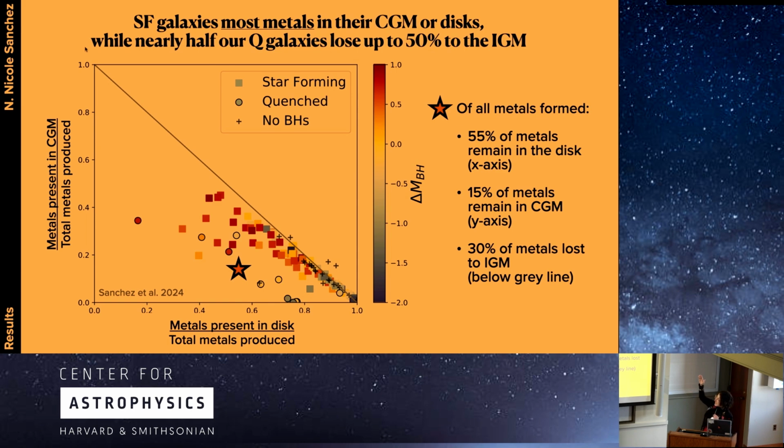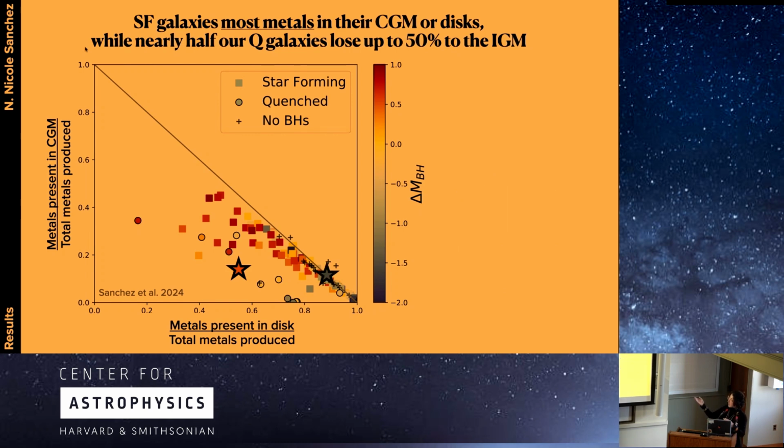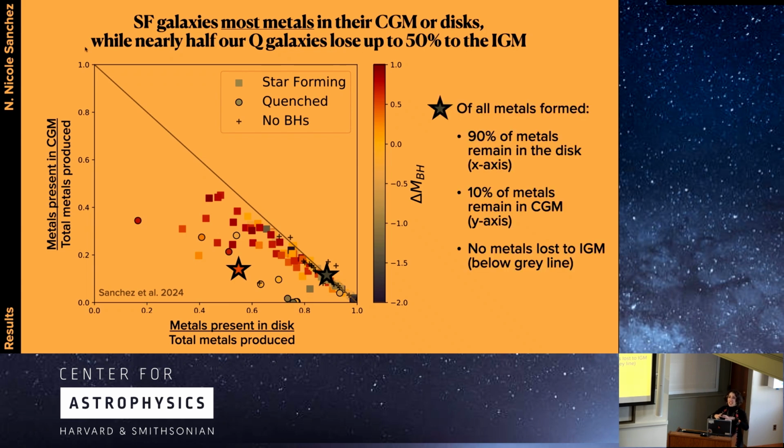And this distance between this gray or darker line and any points below that is the fraction of metals lost to the IGM. Whereas a galaxy like this blue one I've highlighted here on this gray line has maintained all of the metals that were formed, either within the disk, in this case 90%, or 10% of those metals left in the CGM, but it hasn't lost any to the IGM.